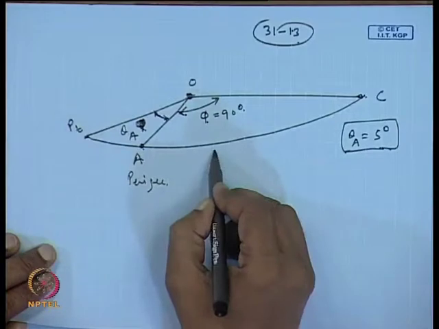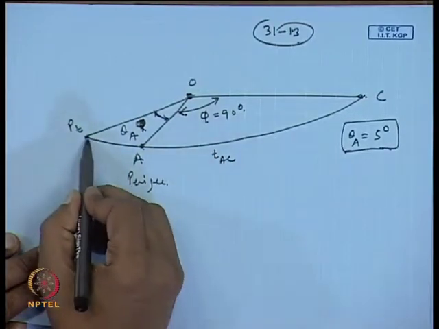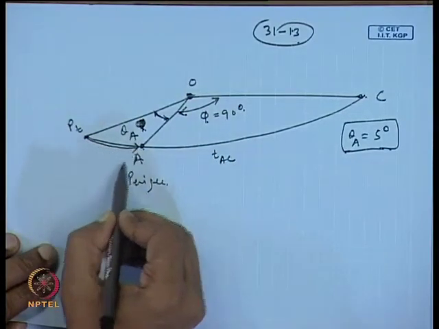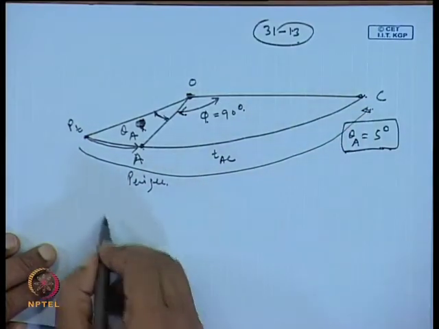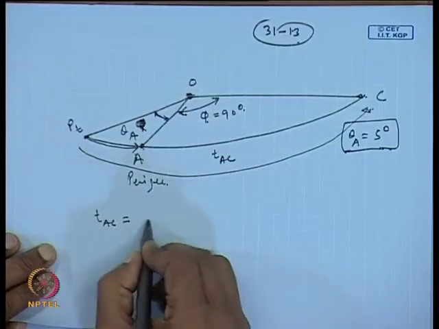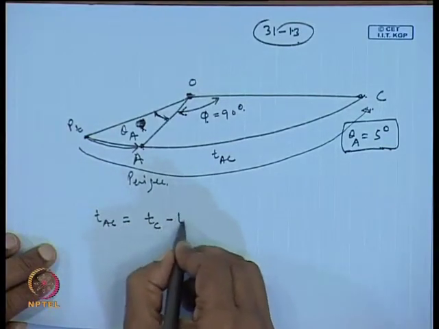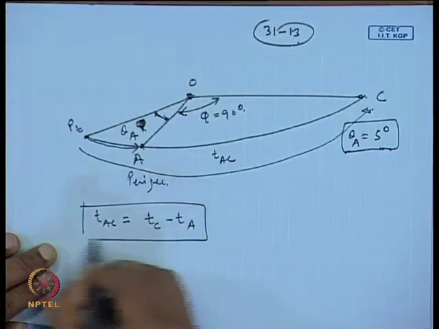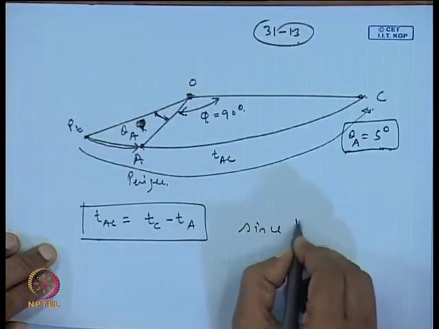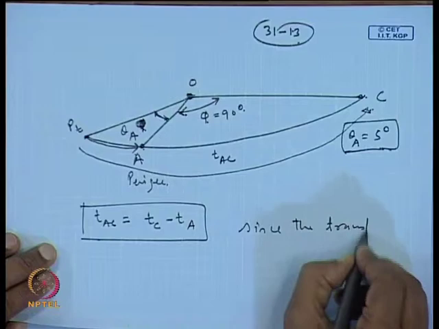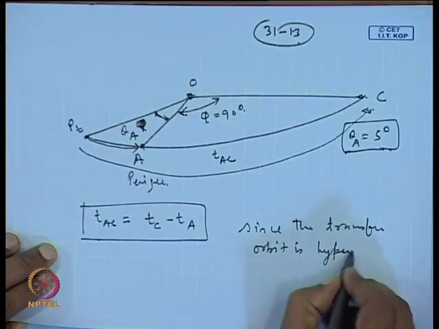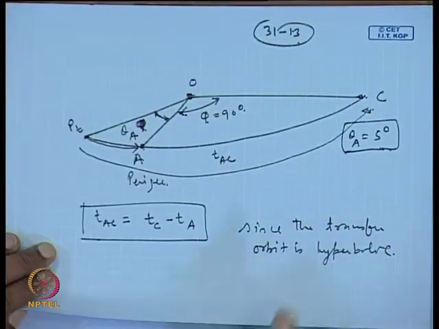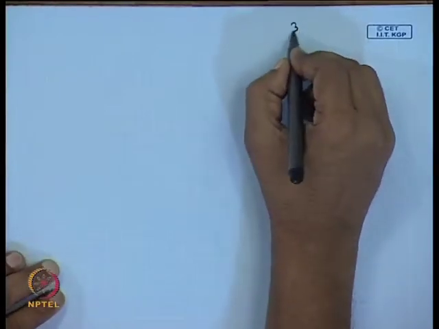So, to find out the time T_AC, we need to find out the time to go from this place to this place and from this place to this place and subtract it. So, T_AC will be equal to T_C minus T_A, and since the transfer orbit is hyperbolic, we need to use the equation that we have developed for hyperbola earlier.